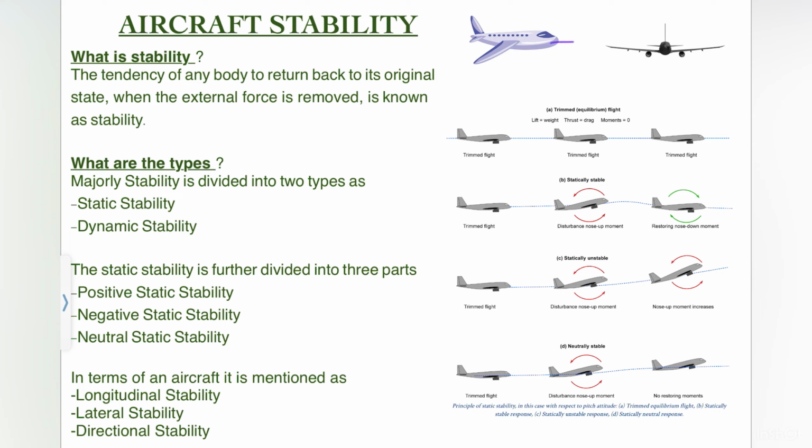I'll just mark it with a marker. This is one axis, longitudinal, this is lateral, and the vertical one is directional. I hope you've understood the axes first.